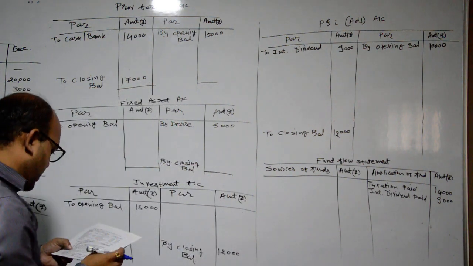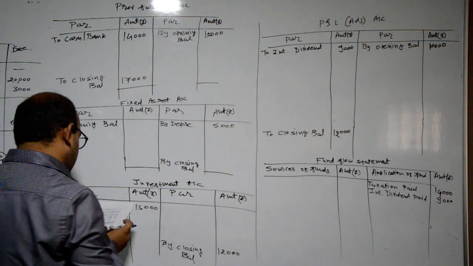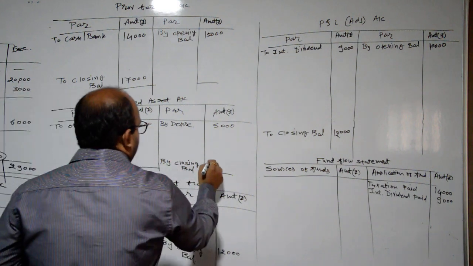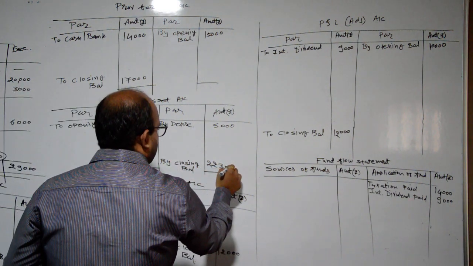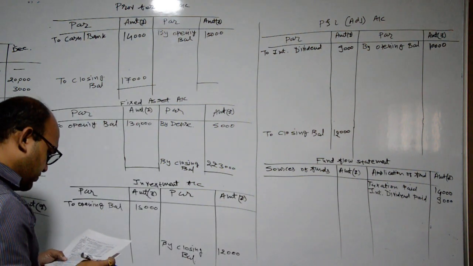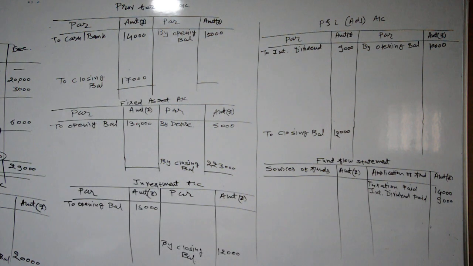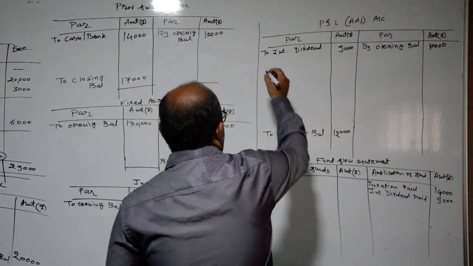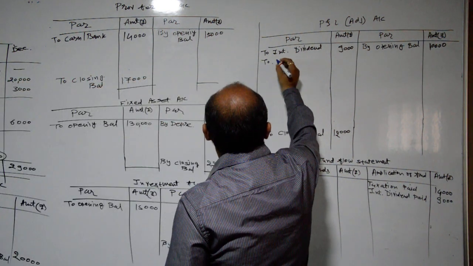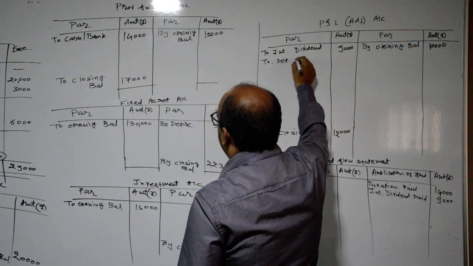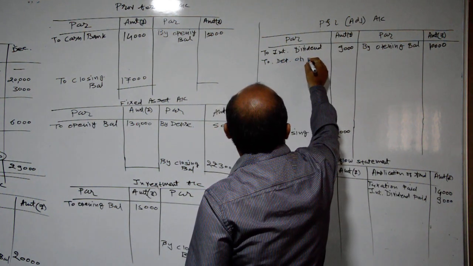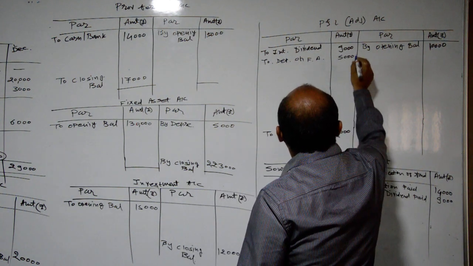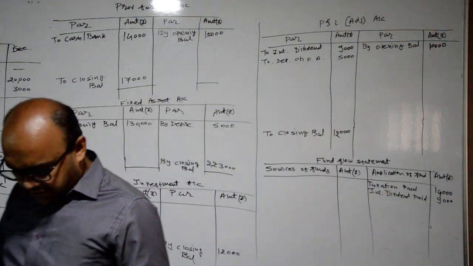We are writing the opening and closing balance of fixed assets, that is 1,30,000 and 2,23,000, and in case of investment it is 15,000 and 12,000, already written down. The second effect, on the P&L adjustment debit side, is depreciation on fixed assets, 5,000 rupees.